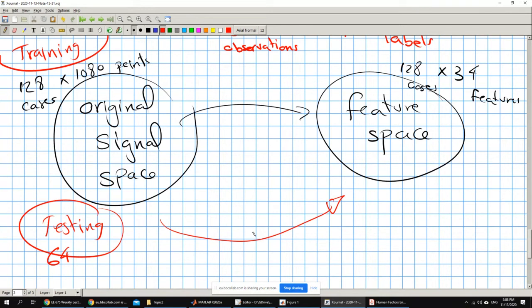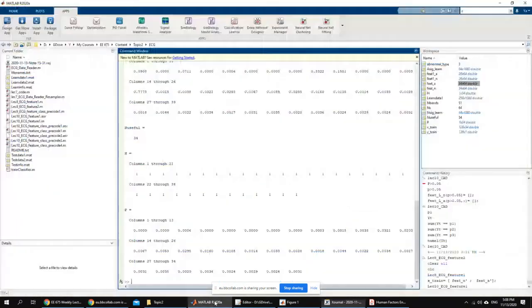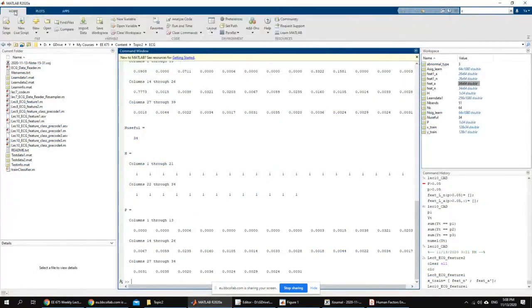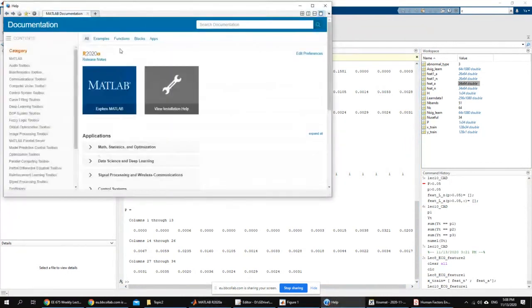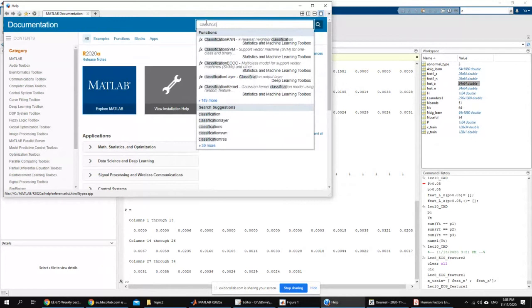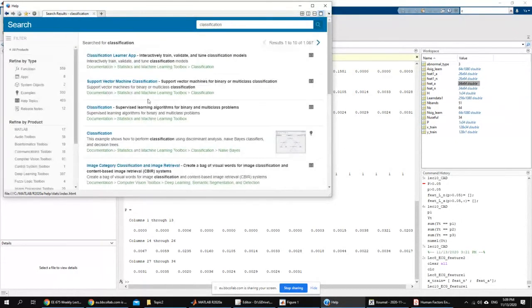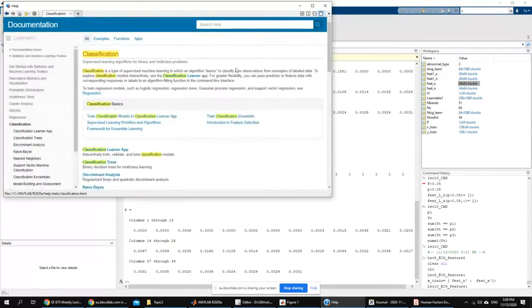Before we do that, let's look at the classifiers that we have and how we're going to classify in MATLAB. Just go to the documentation and write classification.